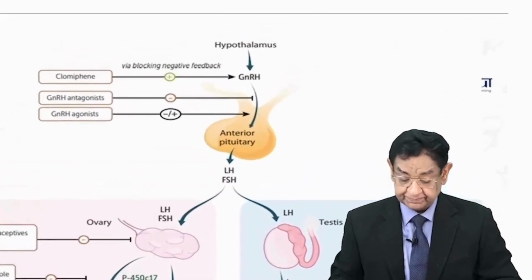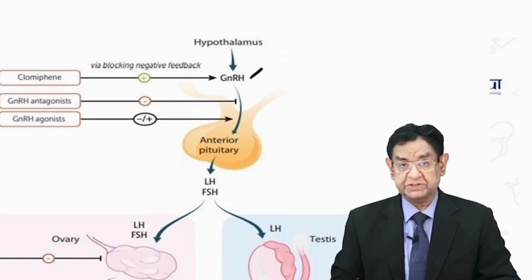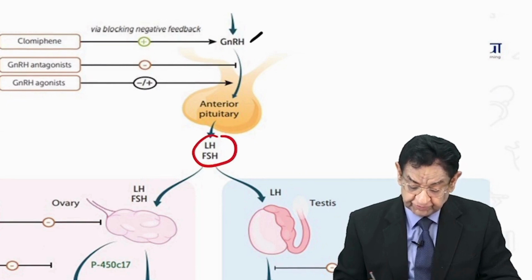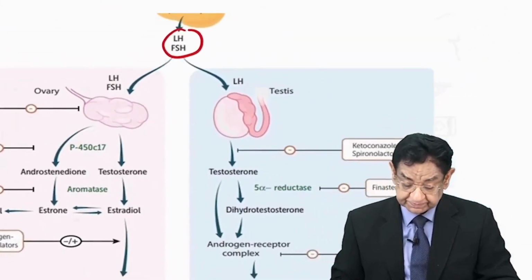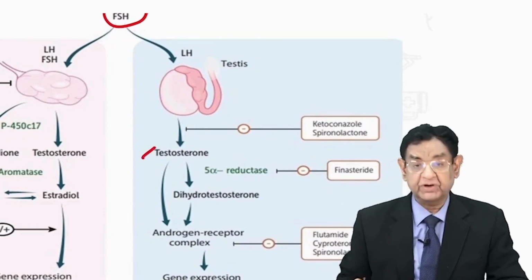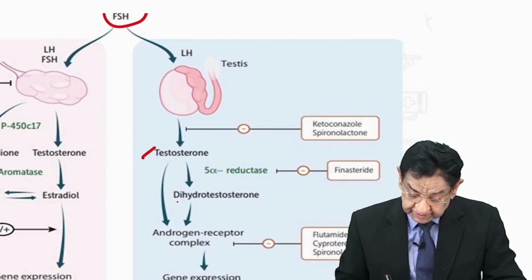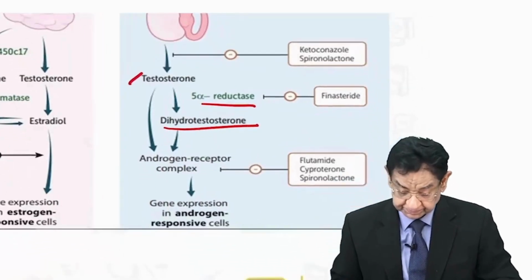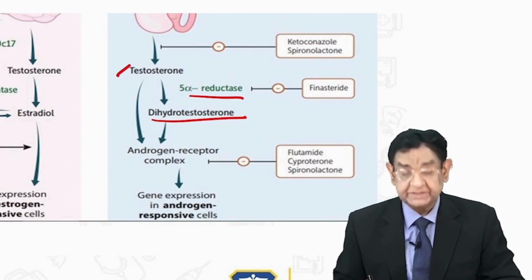A quick recap. We all know from the hypothalamus comes GnRH that goes to the anterior pituitary, and that causes release of LH and FSH. Now in the males, LH acts on the testes and that causes production of testosterone, and this is converted into dihydrotestosterone by 5-alpha reductase, and ultimately this gets attached to the receptor.